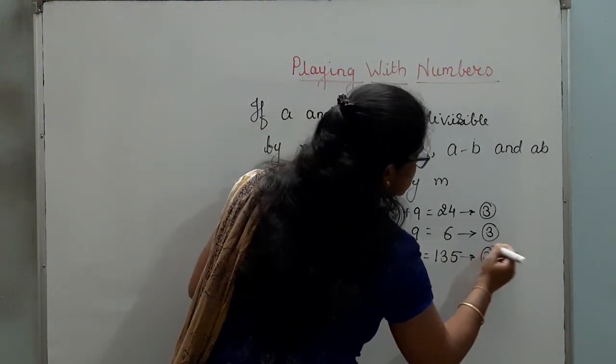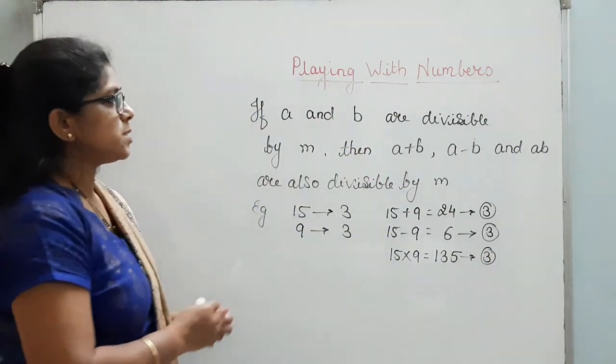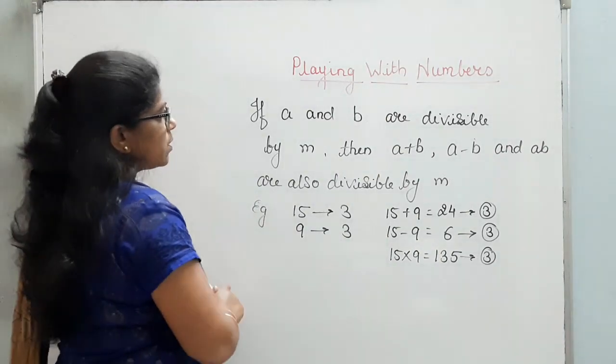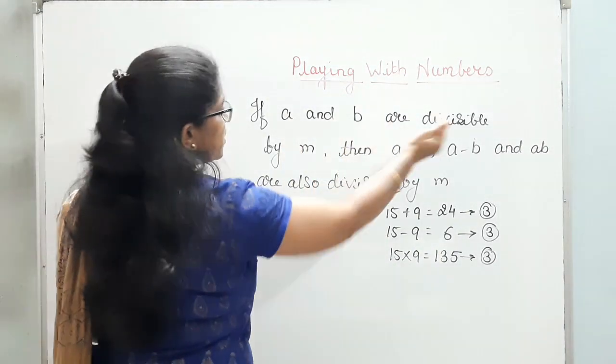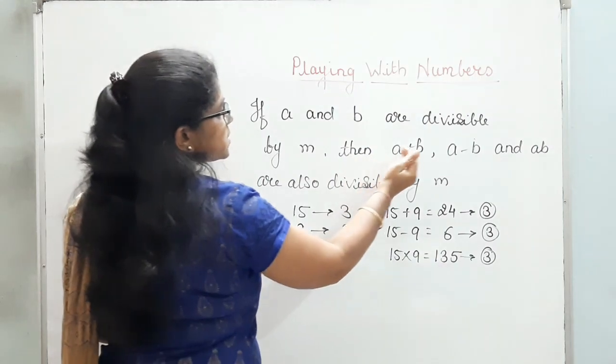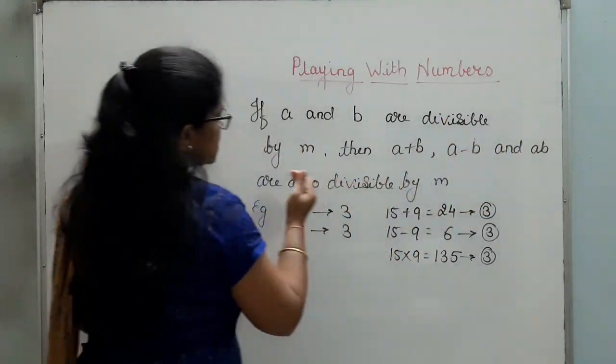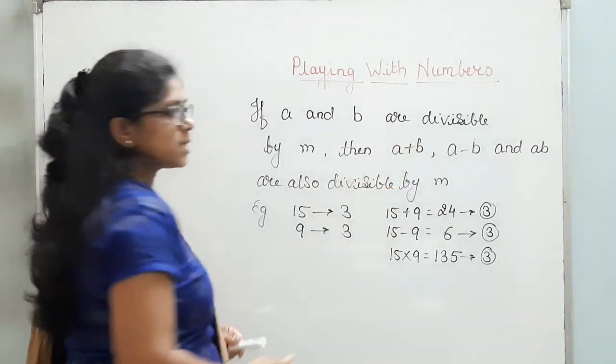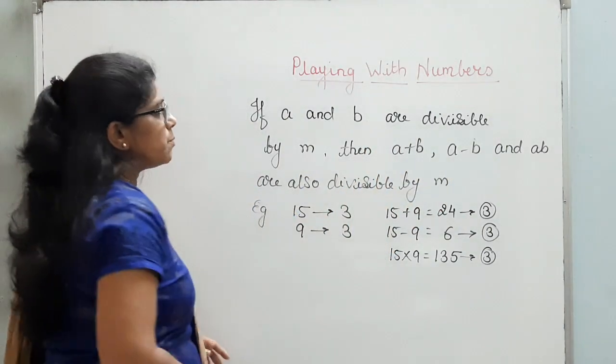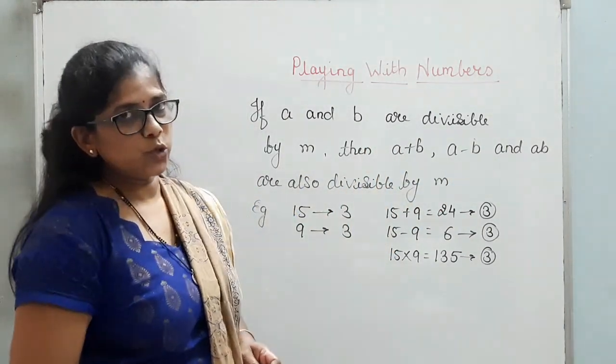So even this is divisible by 3. This is the meaning of the statement. If two numbers are divisible by any number, then the sum of those numbers, the difference of those numbers and the product of those numbers are also divisible by that same number. So I think with this example, even this point is clear to you.